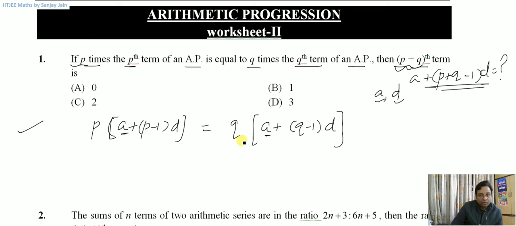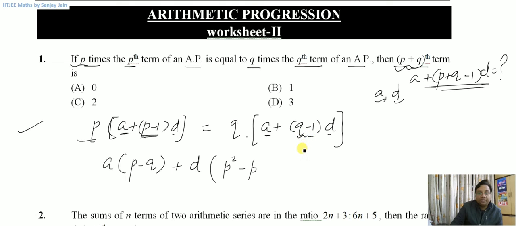If I take a common, this term will become p minus q here, right? And p into p minus 1 into d, q into q minus 1 into d. So if I take d common, from the left hand side I'll have p into p minus 1, that is p square minus p, and from the right hand side I'll have q square minus q.